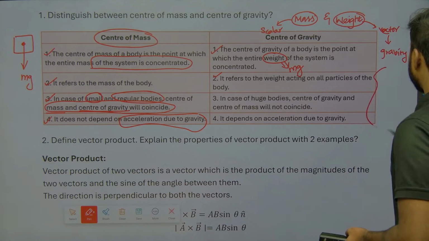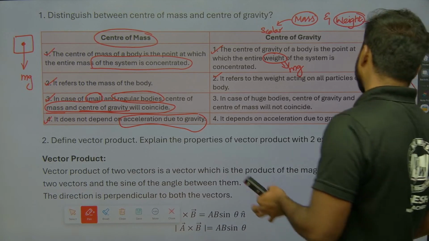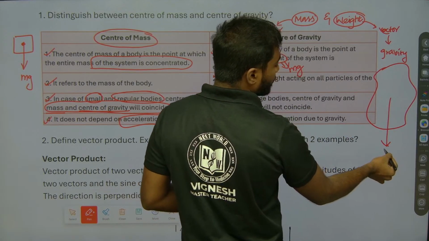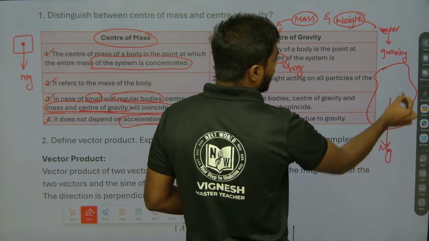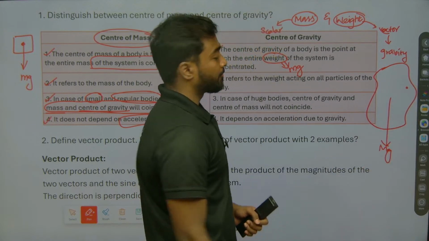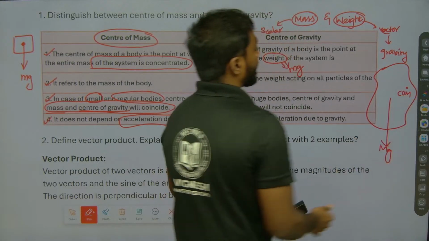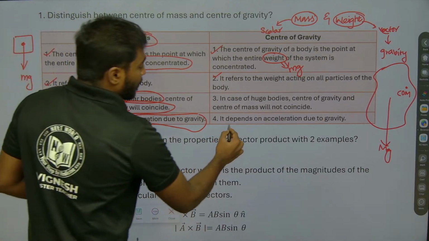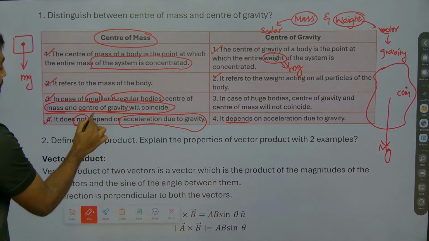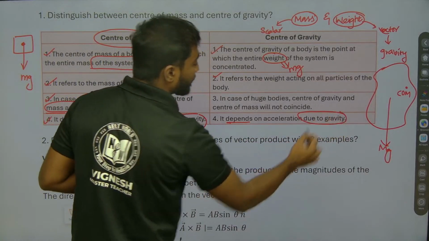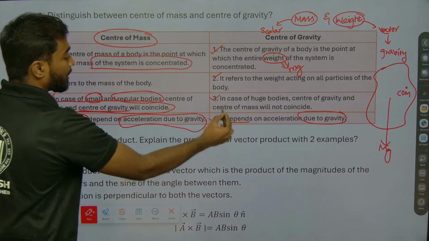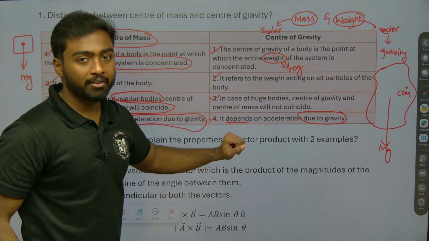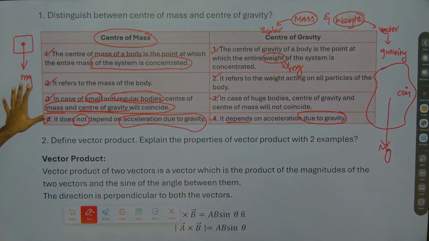If I talk about some irregular shaped body, I can say this is my center of gravity, that is mg, and this is my center of mass, COM. Both will not coincide. And here it depends on the acceleration due to gravity. So these are the four points. When I talk about this point, exactly the opposite point should be the center of gravity. So you can take a note of this first question.